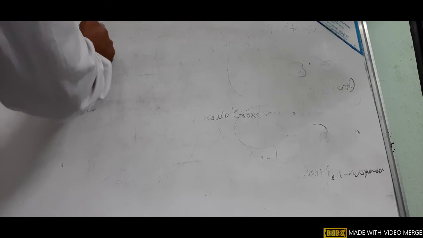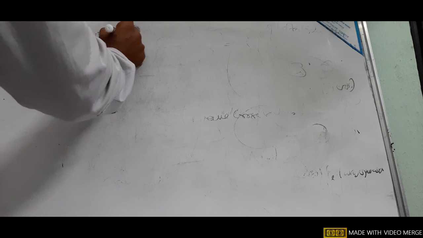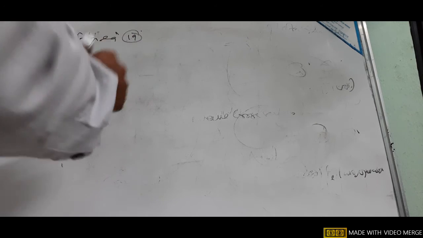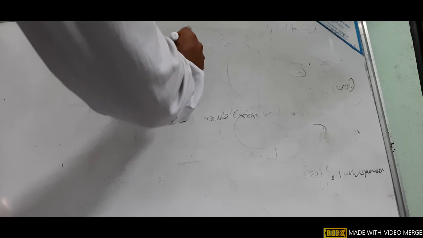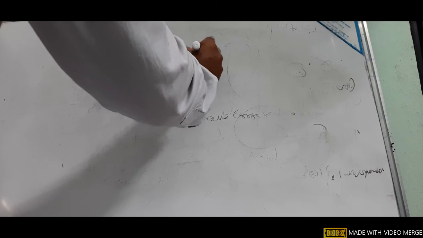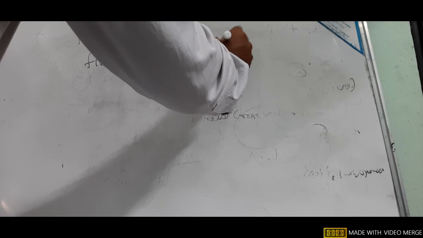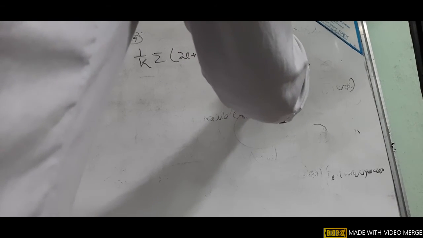we got f(theta) equal to 1 by k summation (2l+1) e^(i delta_l) sin delta_l P_l(cos theta).